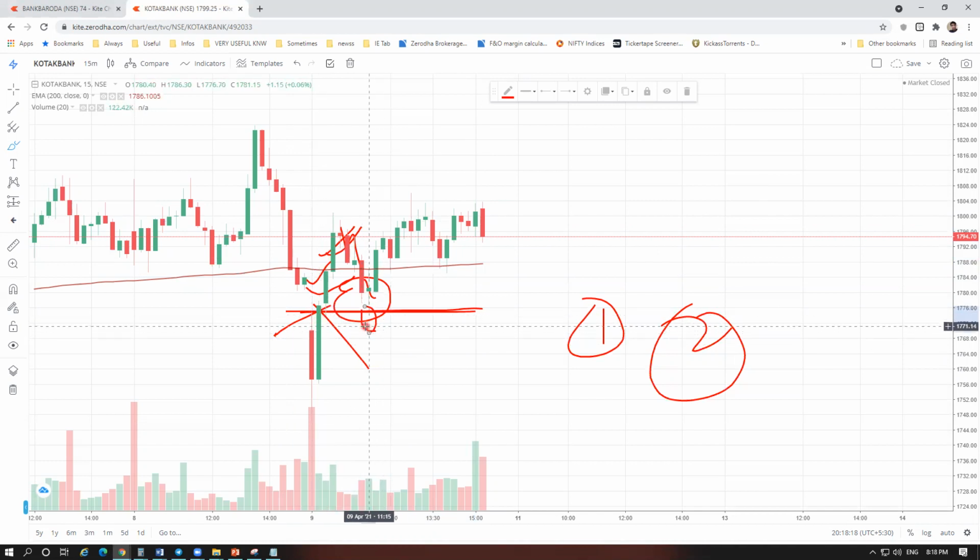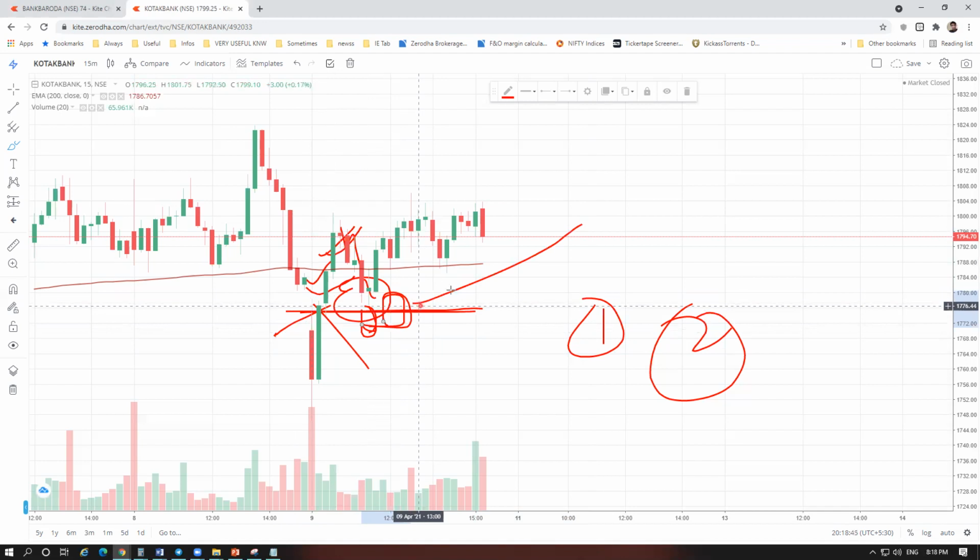Sometimes the pullback is such that the close is, for example, 1769, that is the low, lower than the first candle high. So I have to avoid the trade until any candle closes above the first 15 minutes high. If the next candle closes immediately above, then I will take a buy trade. Right. Simple.